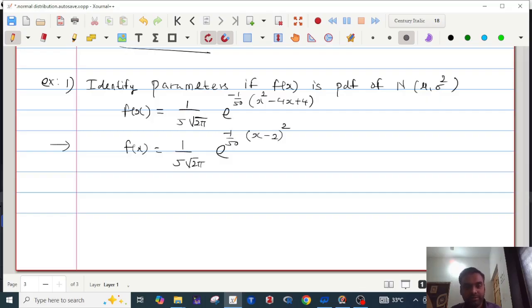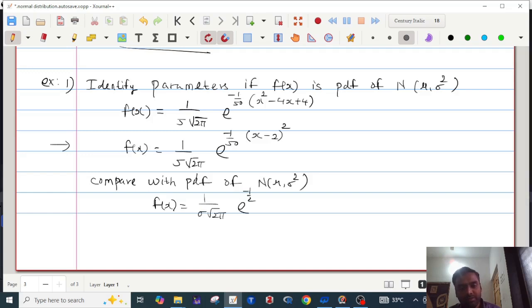Okay. So if you compare this with the PDF of normal mu sigma square, what is that PDF? f x is equal to 1 upon sigma under root 2 pi e raised to minus 1 half (x minus mu) square upon sigma square.